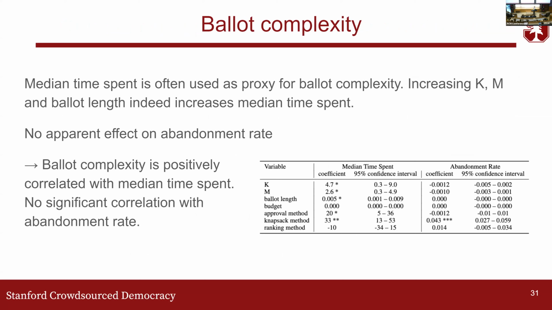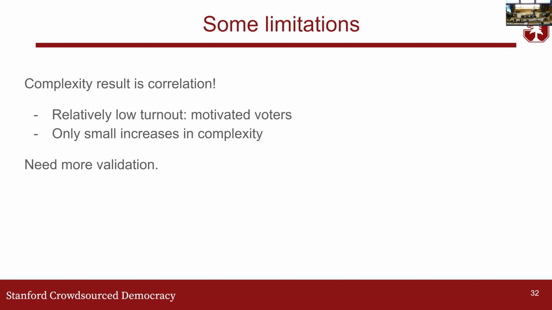And what we see is that there's not really an apparent effect. While the complexity has a clear effect on the median time that people spend on a ballot, it does not seem to be correlated with higher abandonment rate, which is really encouraging. However, it's only correlation.